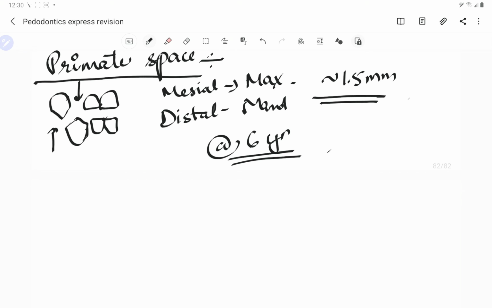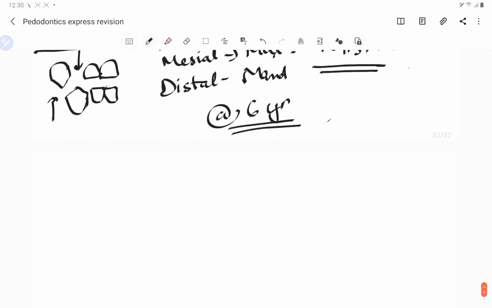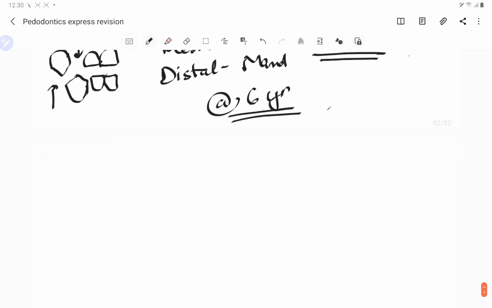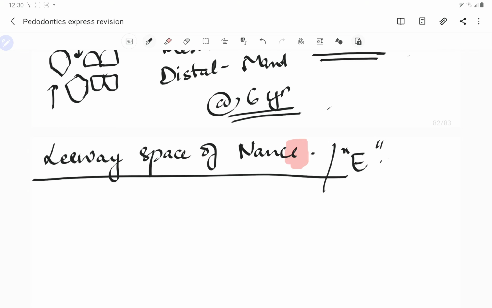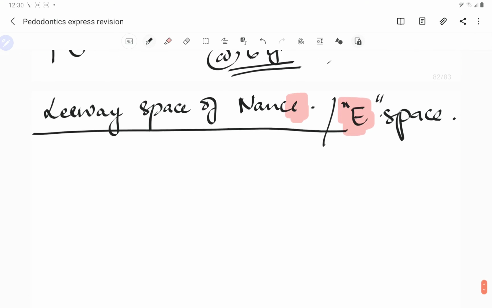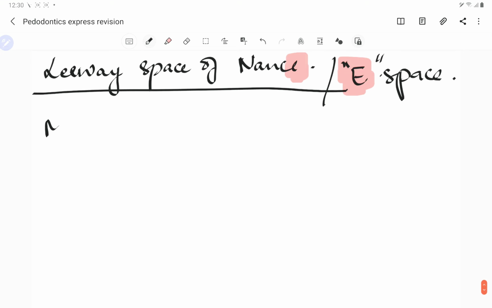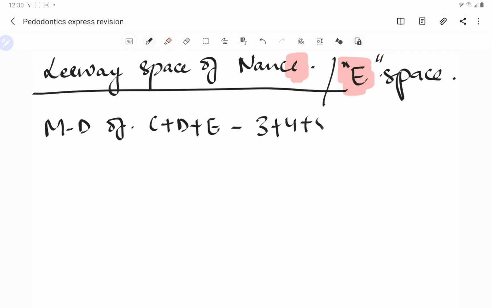So this primate space ends at the end of the primary dentition. The next physiologic space is the leeway space of Nance. Remember, it ends with the E, so it is also known as E space. You can remember it by the letter E in Nance. The leeway space of Nance is the difference between the mesiodistal dimension of C plus D plus E, which is wider than 3 plus 4 plus 5.